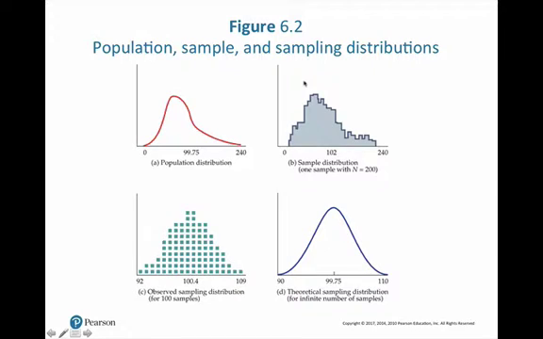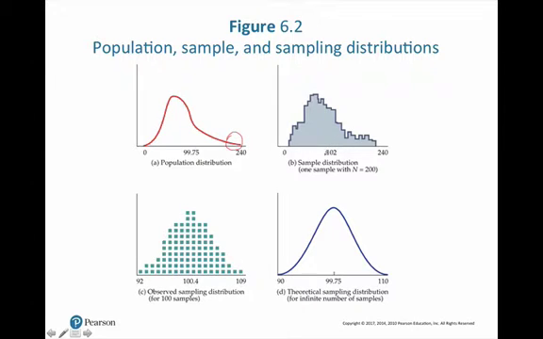Now, in a population distribution, this might be what I observe. I might have a skewed distribution. So in this example, I have some positive skew happening here. So my population variable is positively skewed.